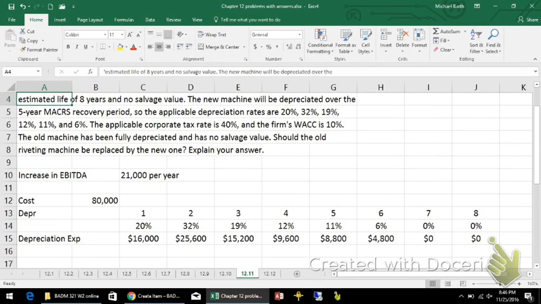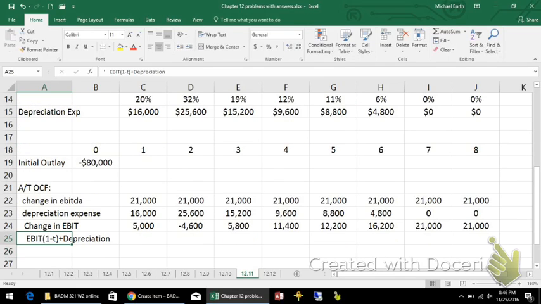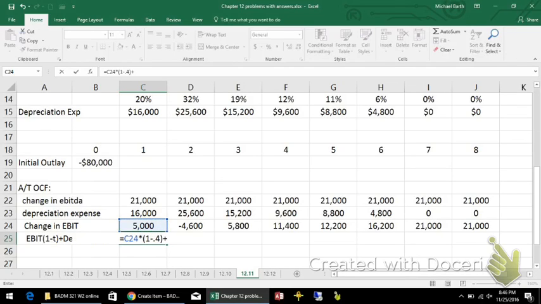And we're using a tax rate of 40% on this problem. So that times 1 minus the tax rate, and then add back the depreciation expenses.